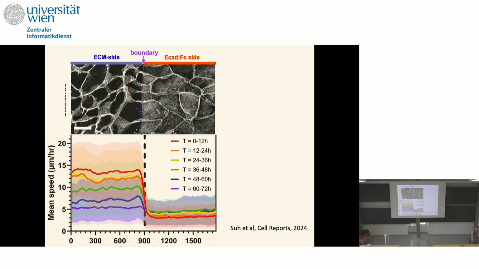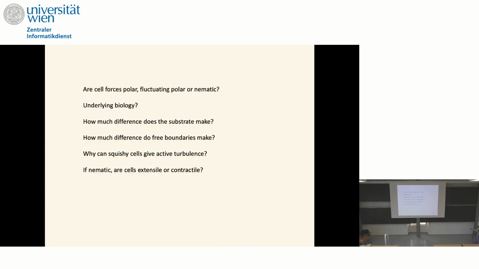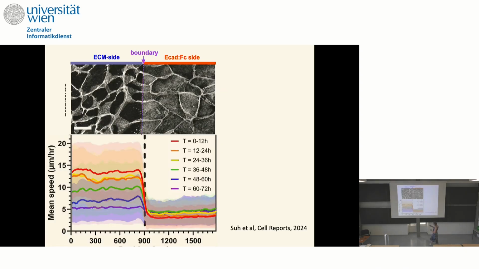And cells are meant to cling on to E-cadherin much more than extracellular matrix. And what happens is that the cells on one side of the substrate, this one, do active turbulence. They move around, they're busy doing active turbulence, and then there's a really sharp boundary, and these guys don't move. So it really matters what sort of substrate you've got.